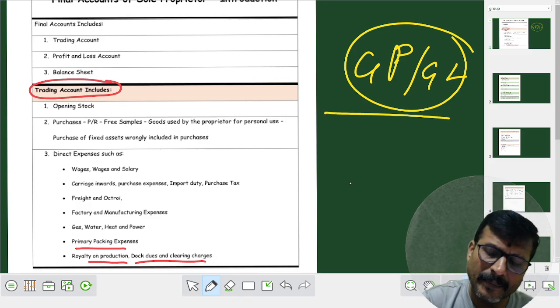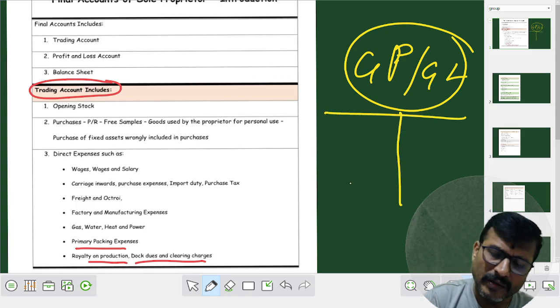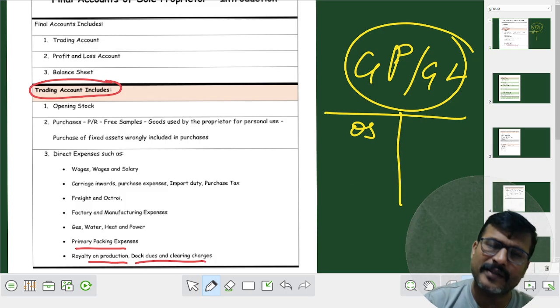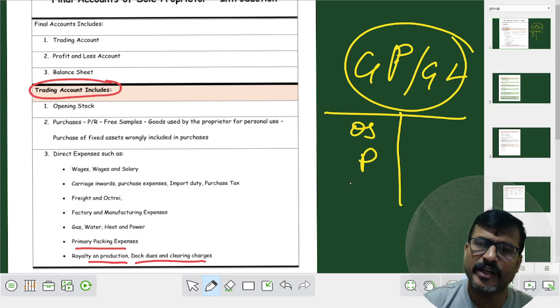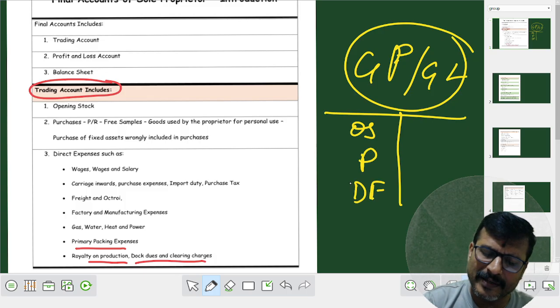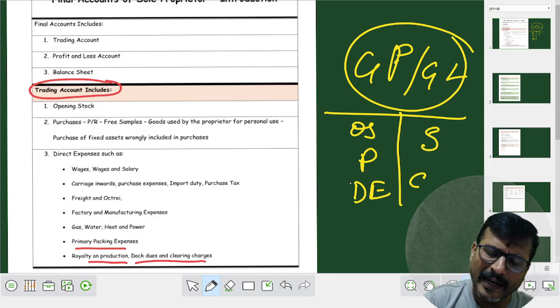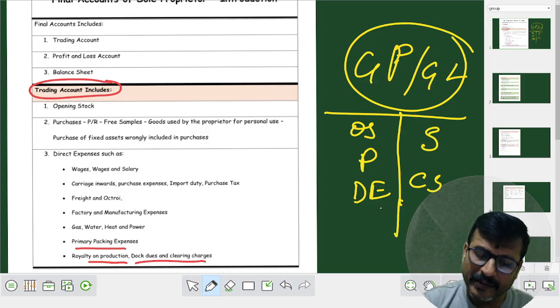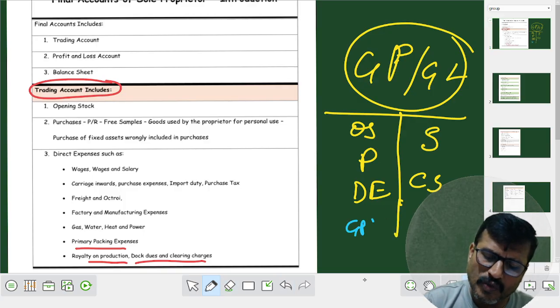Remember your trading account, as we already learned in our inventory chapter. It starts with opening stock, we take purchases, then direct expenses, then sales and closing stock. Whatever the difference you get, that difference is called gross profit or gross loss.